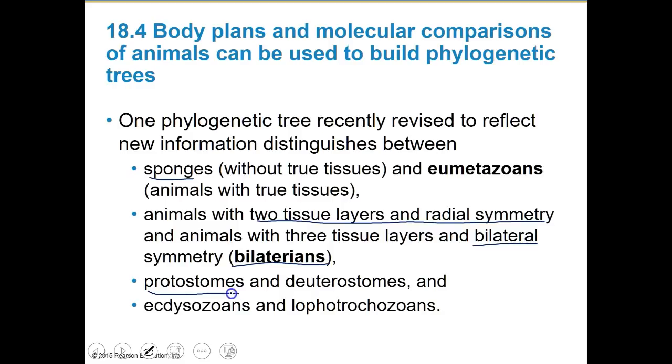We'll also have protostomes versus deuterostomes, and you could go into ecdysozoans versus lophotrochozoans, but I would stay away from that one. These ones, though, we can discuss. That's stuff that you ought to be able to look at as you go through it. And if you can't quite figure it out, ask.